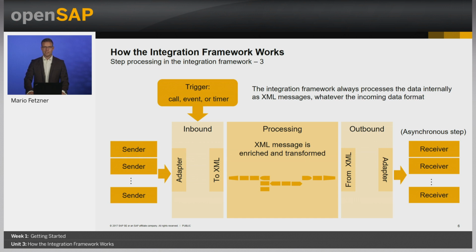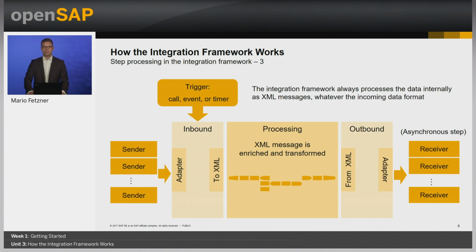The final phase is the outbound phase. As soon as a receiver is defined, the outbound phase only applies to asynchronous steps, in which there is a receiver system for the transformed data. If the whole process is managed inside of the processing phase, then there is no outbound phase and a receiver definition is not possible.